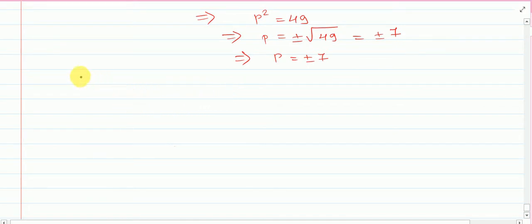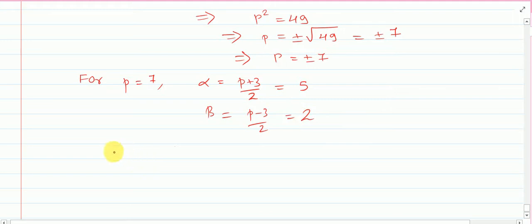So for p equal to 7, your alpha will be p plus 3 by 2, that means 5, and your beta will be p minus 3 by 2, so 2.